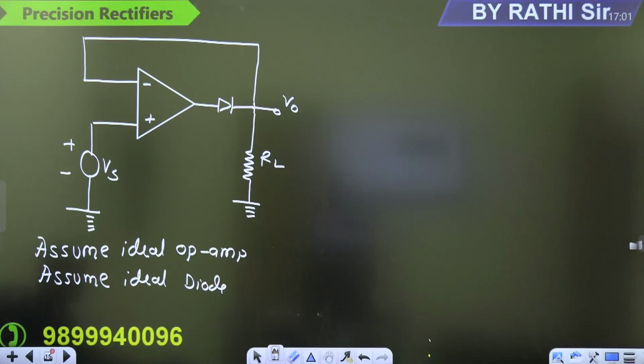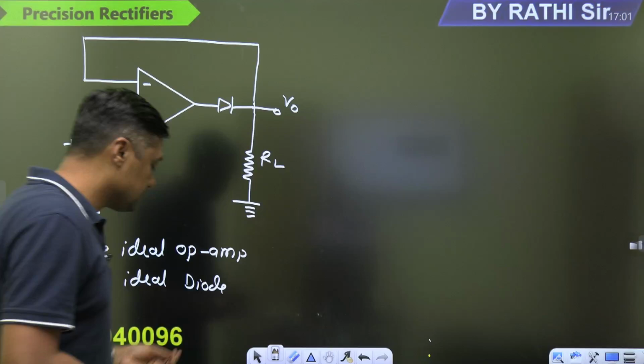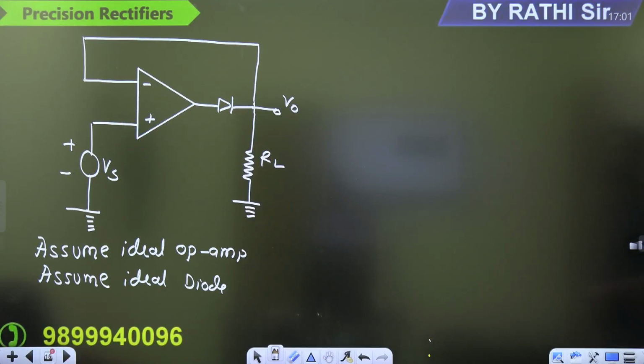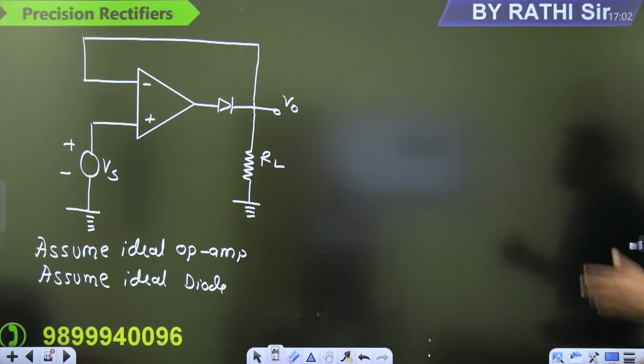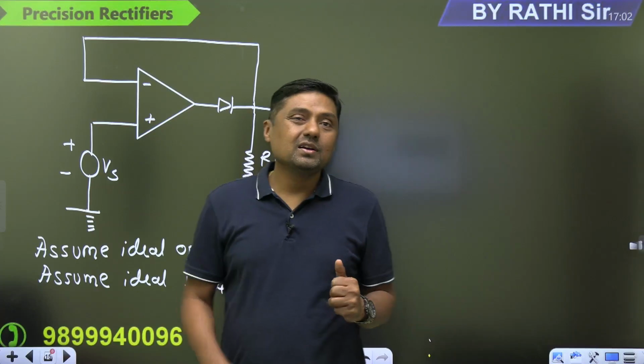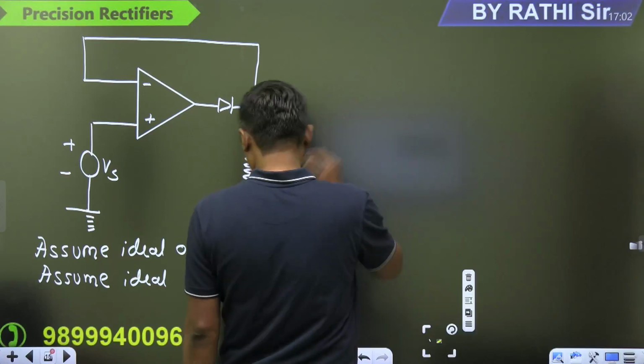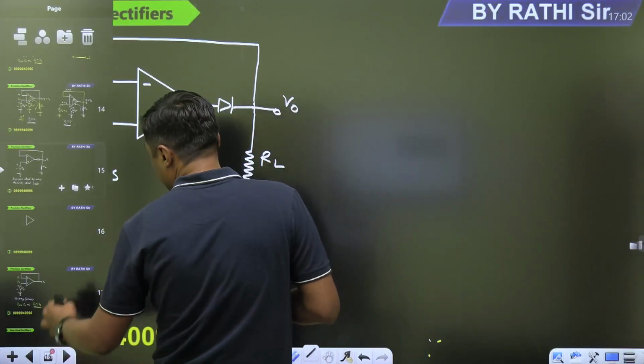Now, if you are assuming the ideal op-amp, no problem. But if you are going to assume the ideal diode, then there is a big problem. What is the problem with this diagram, the previous diagram?